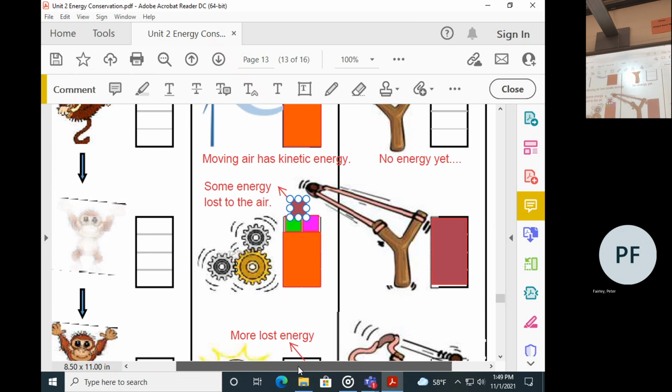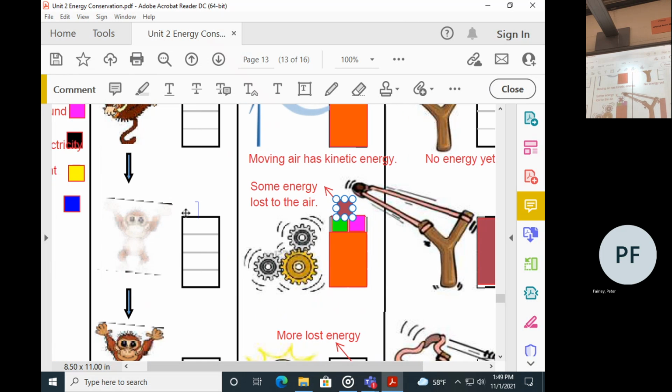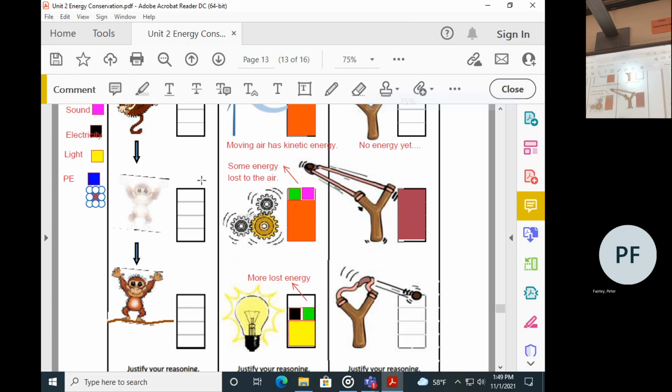Let's see, then I need to add this over here. This is going to be my elastic energy. I stretch it out, right? And what does that elastic energy get turned into? Yeah, it turns into kinetic energy, huh?